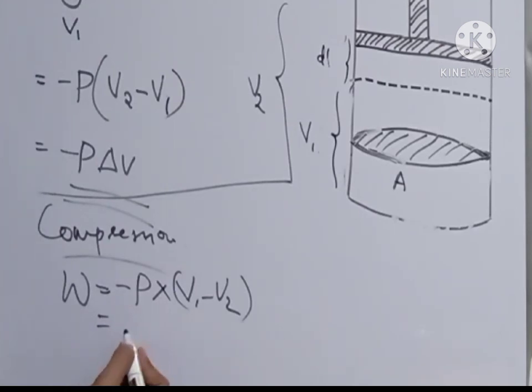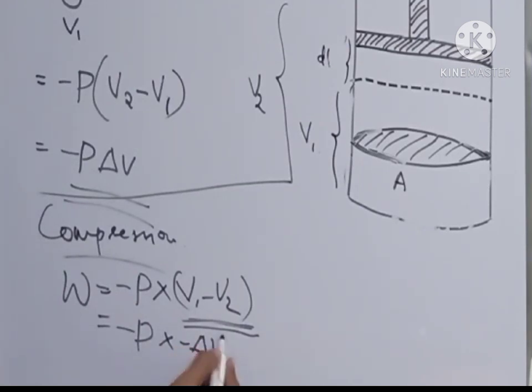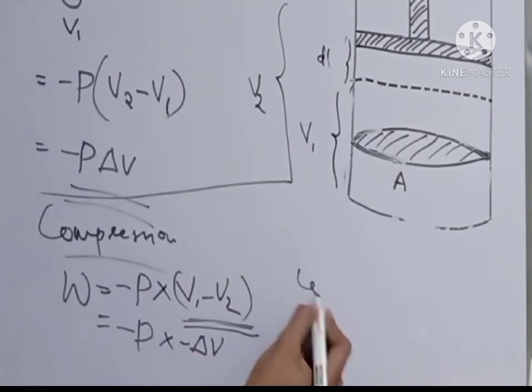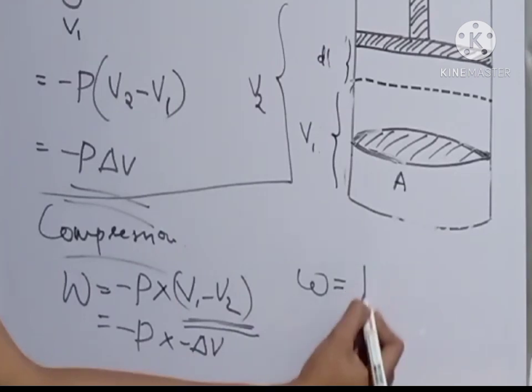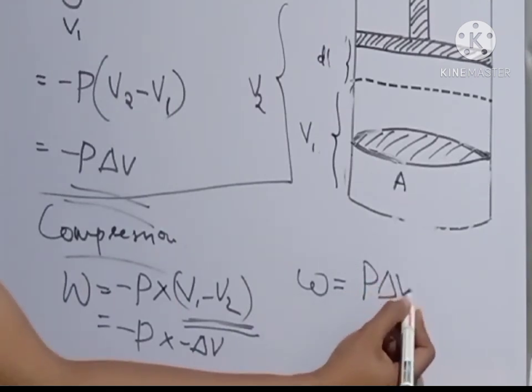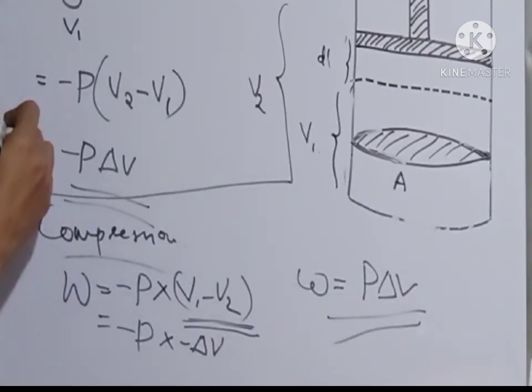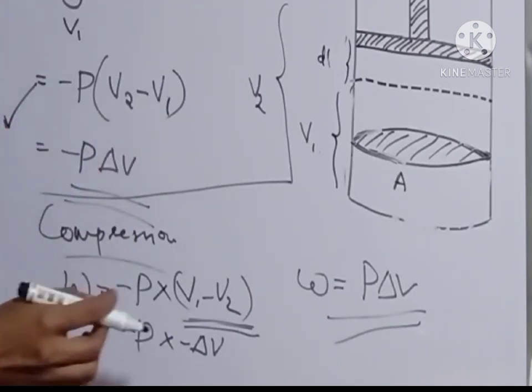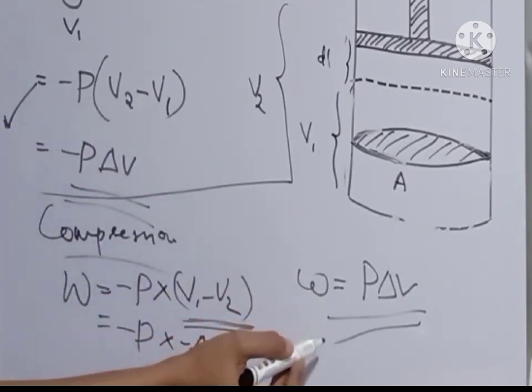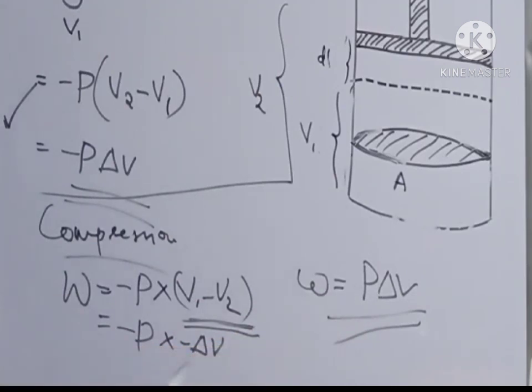Here this will be a negative quantity, so this will be P into negative delta V. Finally, we get work done W equals positive P delta V. If expansion occurs, then minus P delta V is the work done. If compression of gas occurs, then work done will be P delta V.